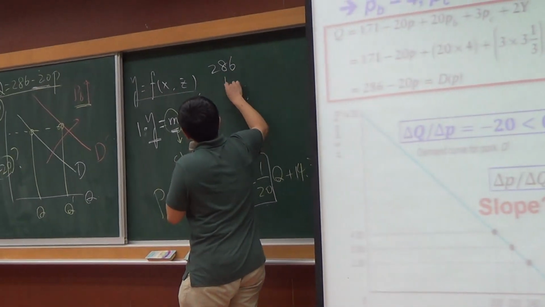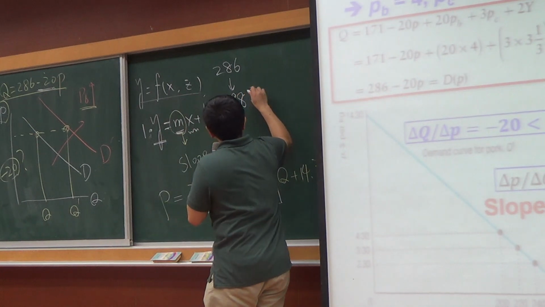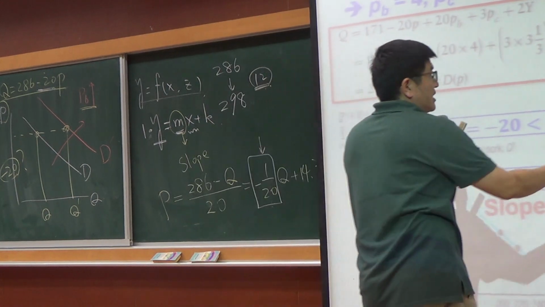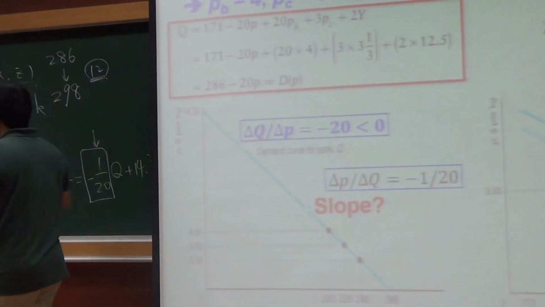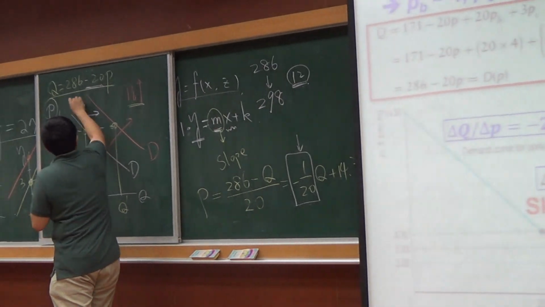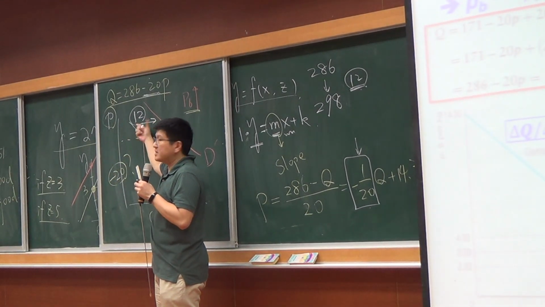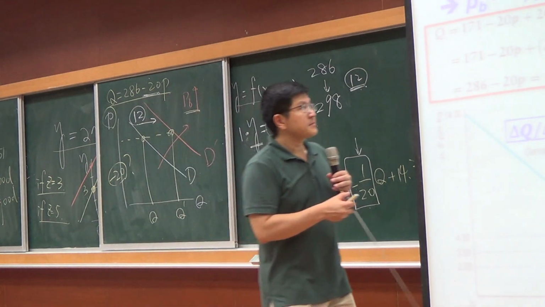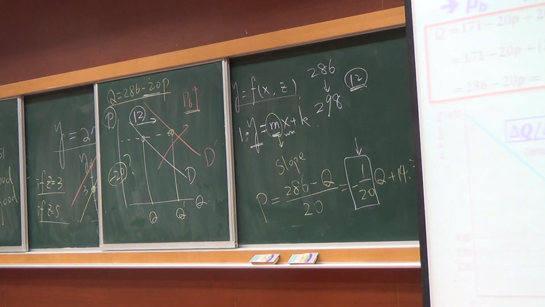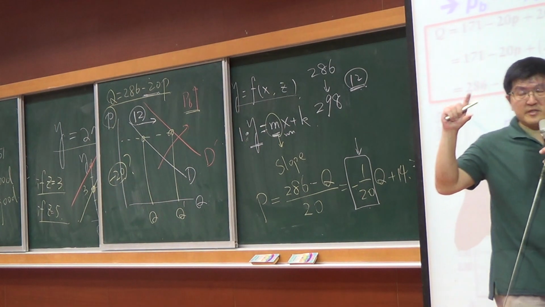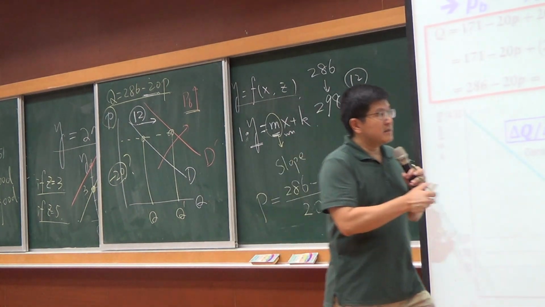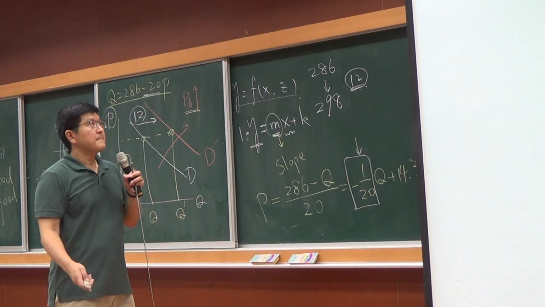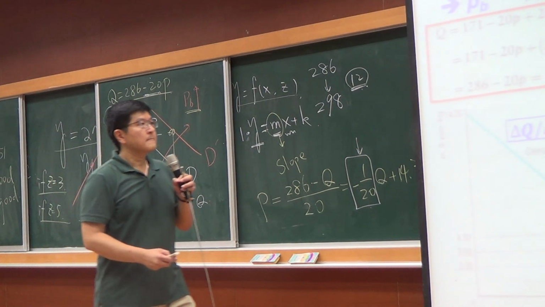From 286 to 298, so increased by 12, right? But this number 12 occurs to Q. This is the extent of the shift. So PB increases from 4 to 4.6, the increase is 0.6, and delta Q is 12. Okay.